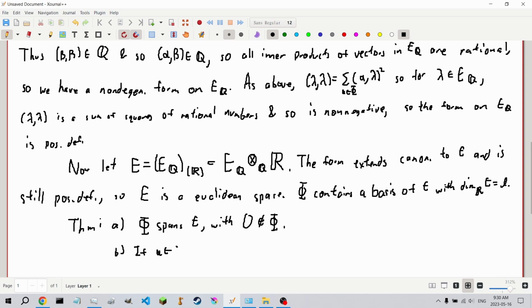B, if alpha is in phi, the negative alpha is the only other scalar multiple of alpha in phi.